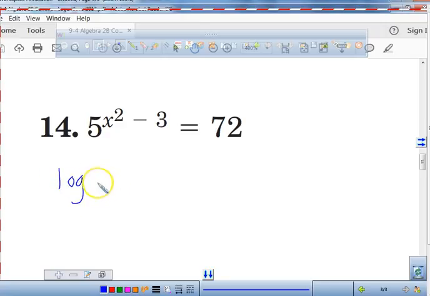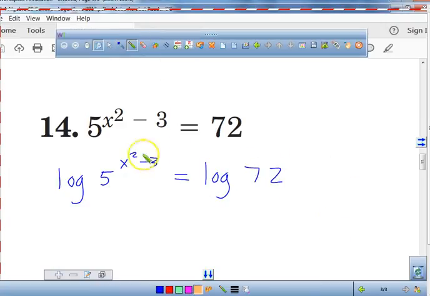Log 5 to the power of x squared minus 3 equals the log of 72. Now, I'm going to highlight something that's up here in the exponential realm. Does anybody want to guess what we're going to do next? Tatum.